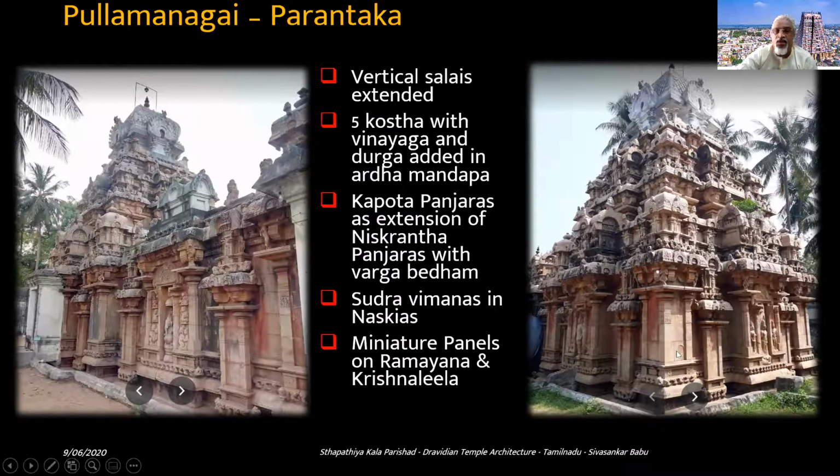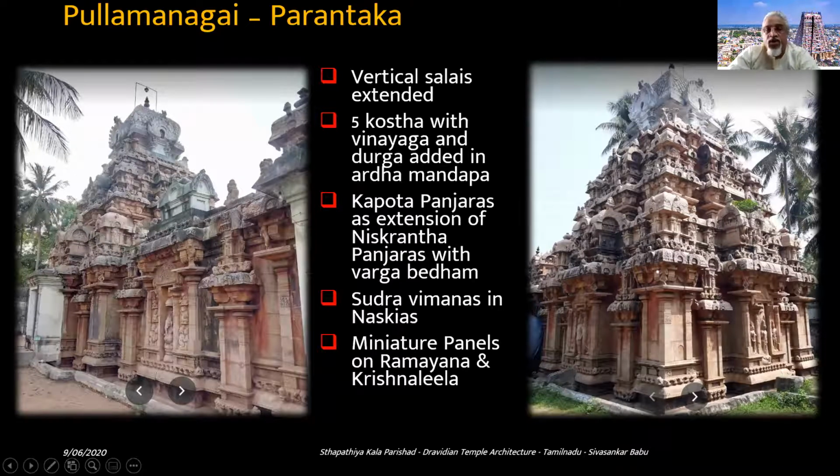So now, with the shikaras and other things, it looks like an individual temple itself. Instead of 3 kostas, now 5 kostas, with Vinayaka and Durga getting added in the Ardhamandapa portion.